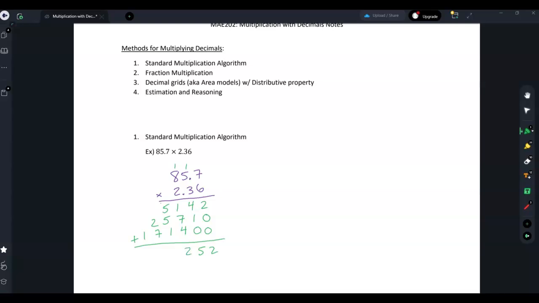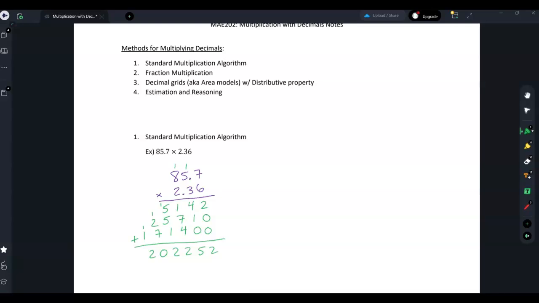So I'm going to write a 2 and regroup a 1. And then when I add 5 plus 5, I get 10, plus 1 is 11, plus the regrouped 1 is 12. So I'll write a 2 and regroup a 1. 2 plus 7 is 9, plus 1 is 10. So I'll write a 0, regroup a 1. And then 1 plus the regrouped 1 is 2. So I'm getting 2, 0, 2, 2, 5, 2.